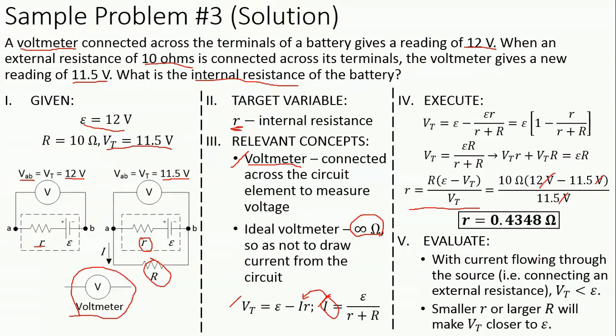With current flowing from the source in the second case, since we connected an external resistance, current will begin to flow out of the positive terminal of the battery. So in this case, we expect that the terminal voltage will be less than the EMF, which is the case.